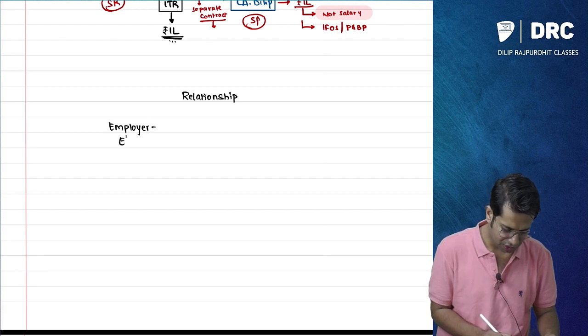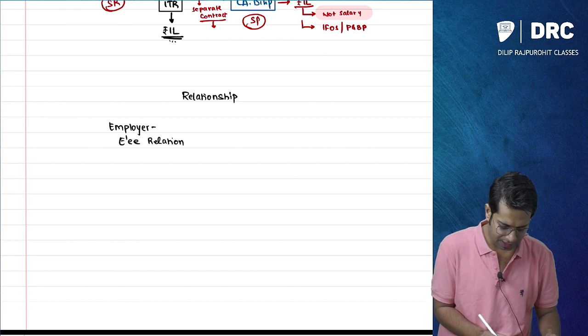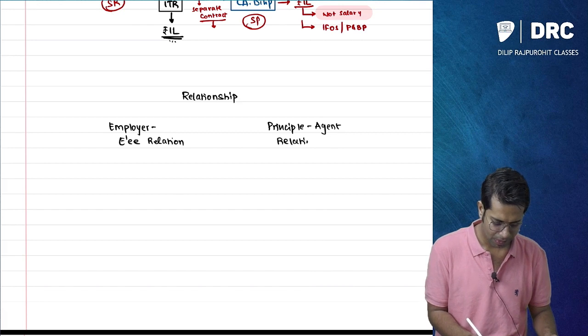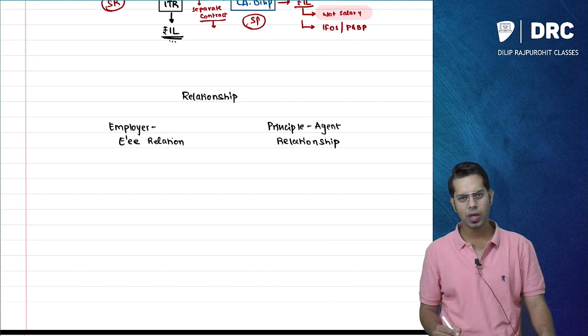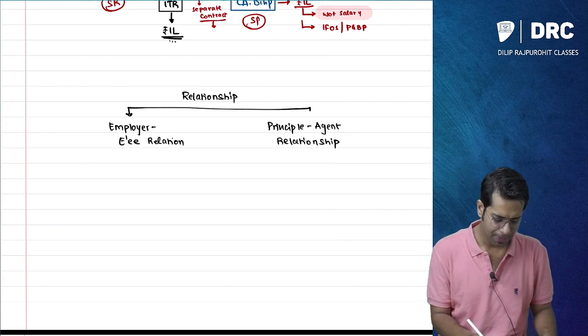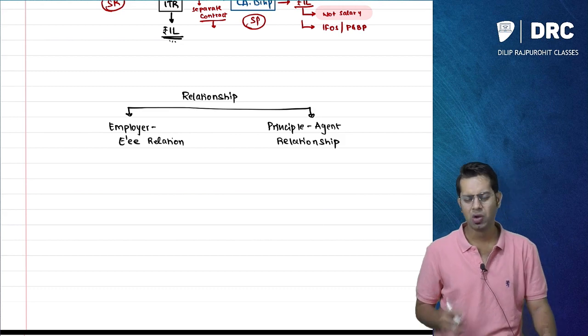There is one kind of relationship called employer-employee relationship, and there is another kind of relationship called, what, sir? Principal-agent relationship.